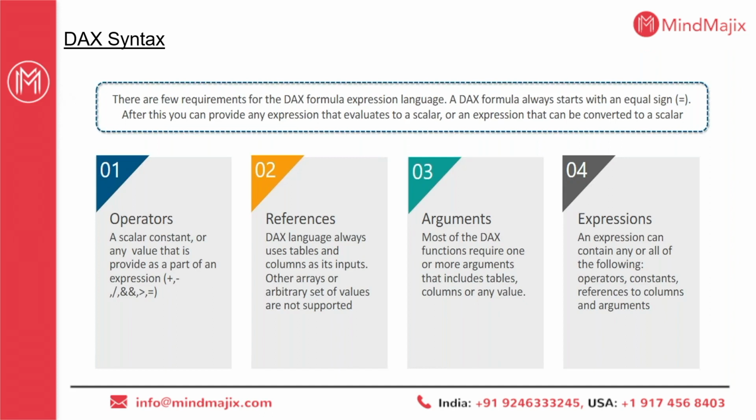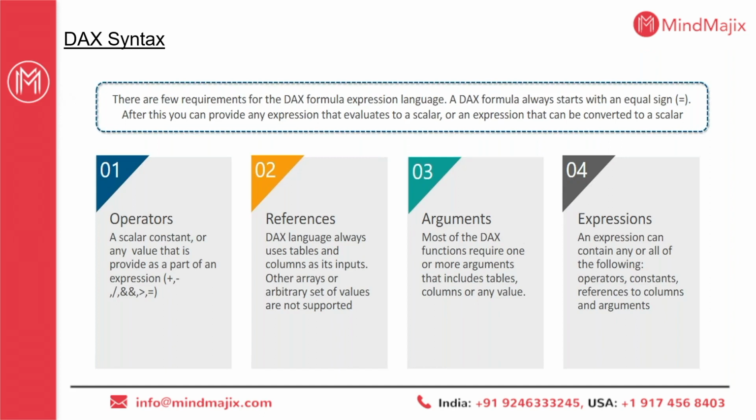This is divided into 4 main parts: operators, references, arguments, and expressions. What are these basically? Let's get started with operators. Operators are where you give an instruction to a formula saying this is equal to, this is greater than, this is less than, or you want to concatenate, or you want to find the difference between the two.